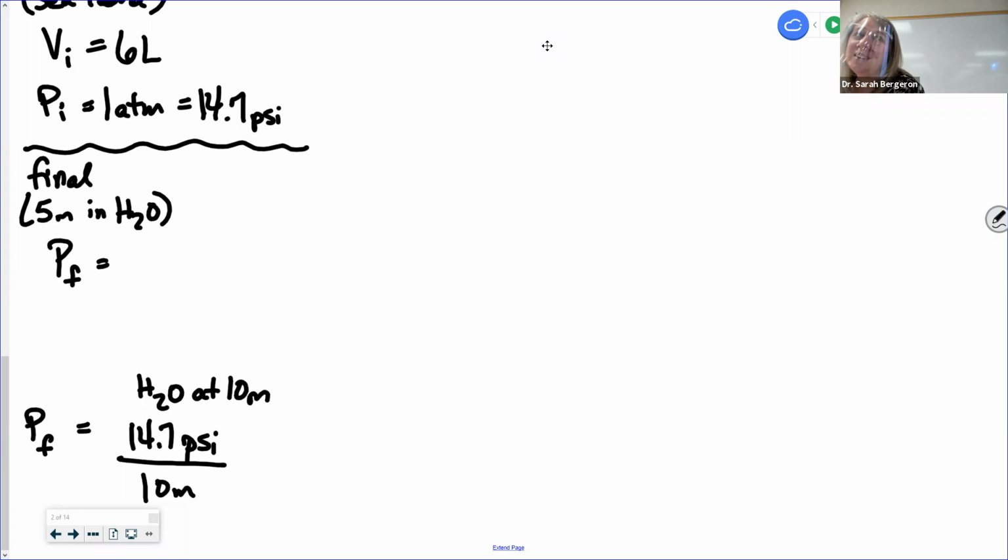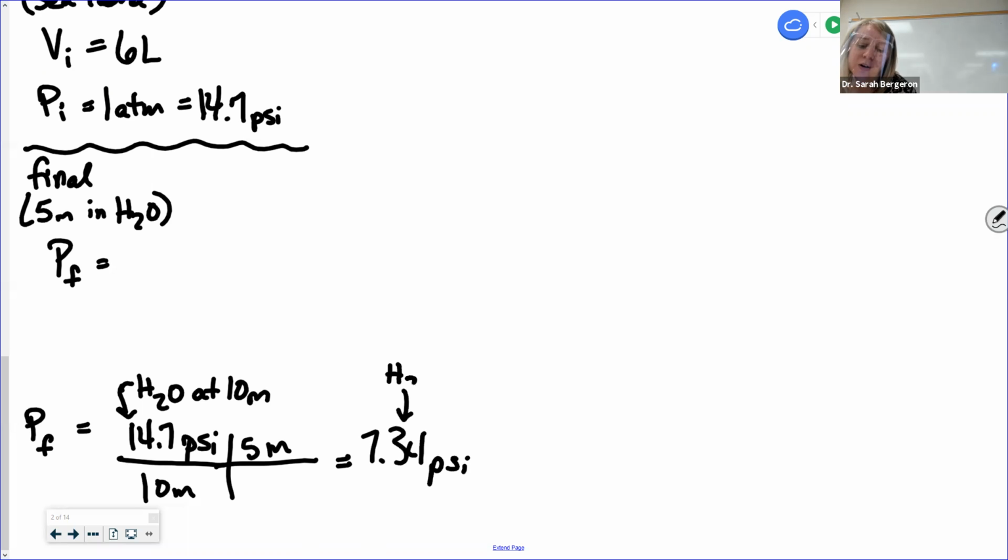No, I'm at 5 meters. So what I can do is just multiply by 5 meters, right? So this is my water at 5 meters. So this gives me what? Put it in your calculator. 7.35 psi. Is that what y'all got? Okay, so this is water at 5 meters.